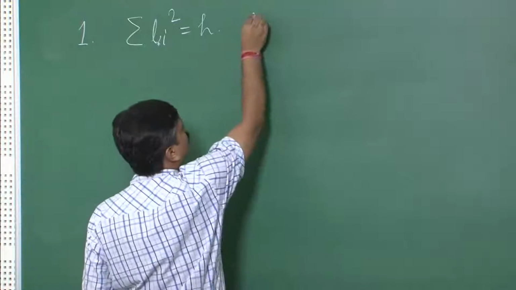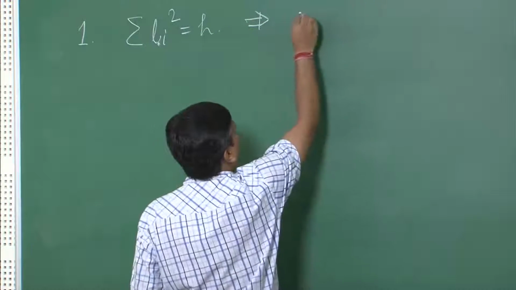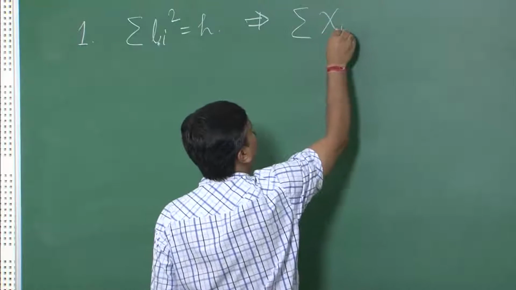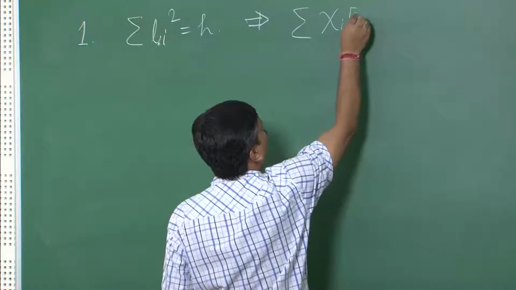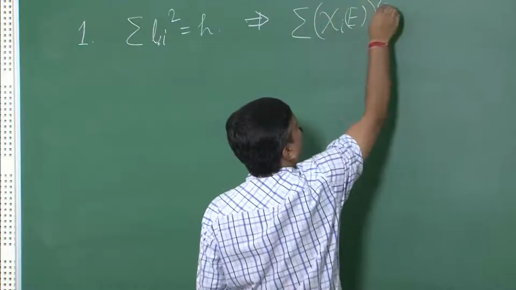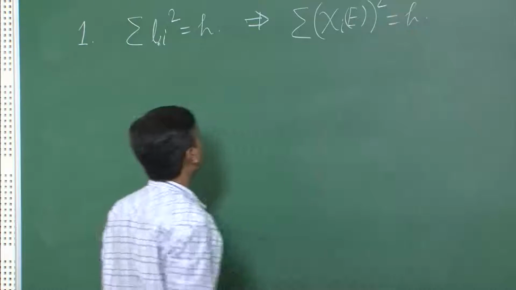From there, we also found that the sum over characters corresponding to the identity operation is equal to h.